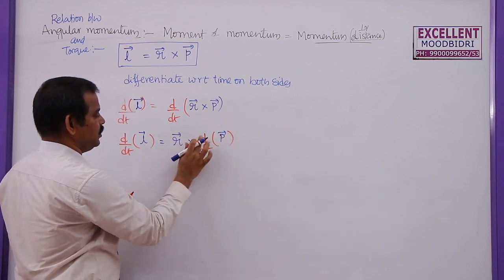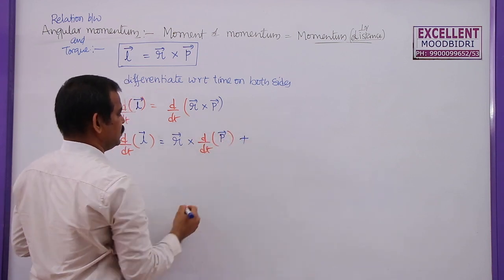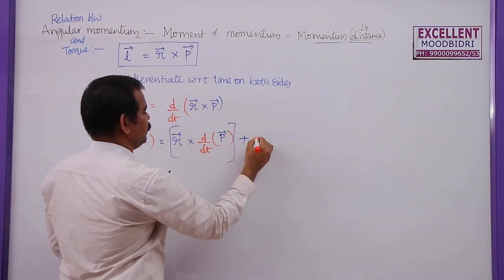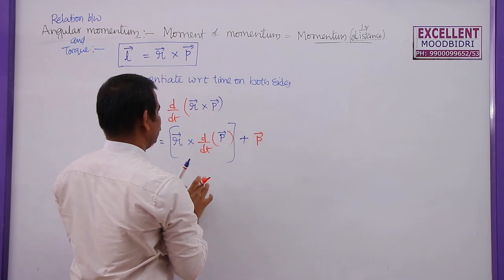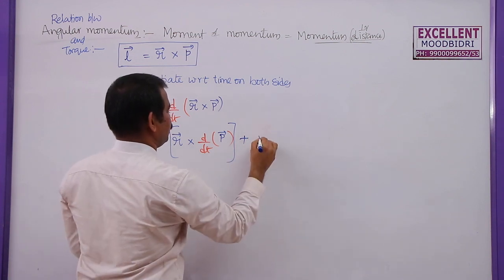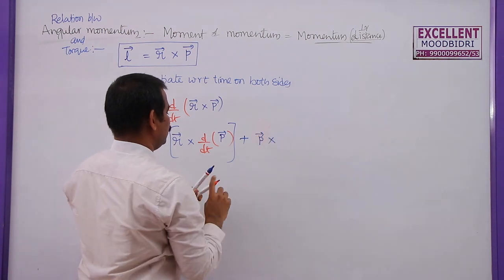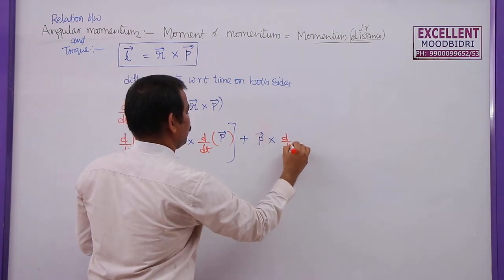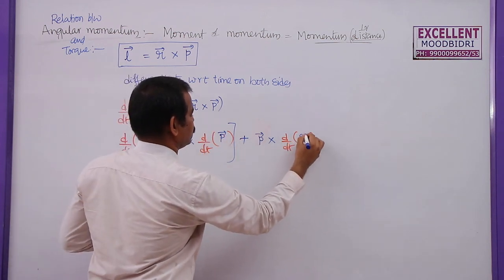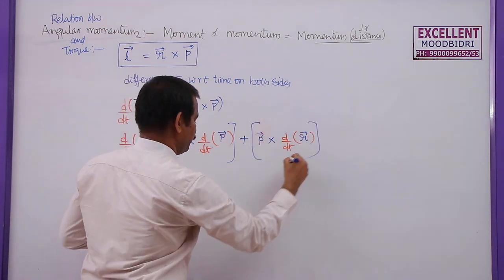So, U d by dt of V plus, this is the first term. Now, the second term: P bar into d by dt of the second vector, R bar.